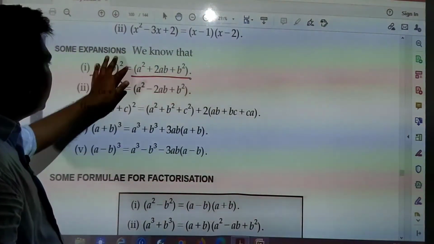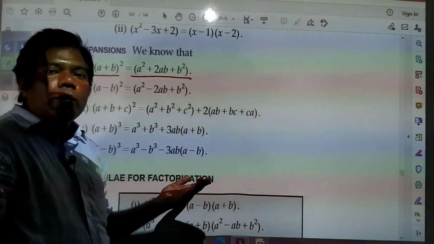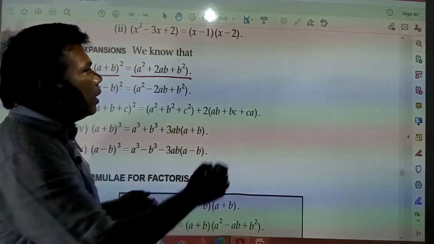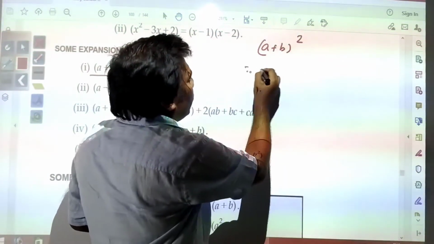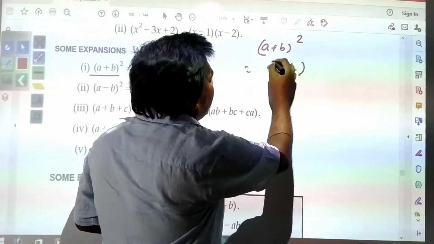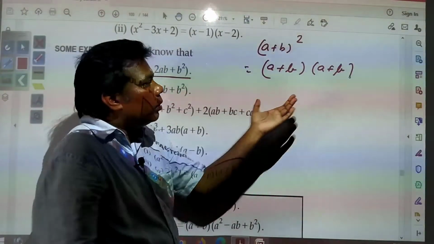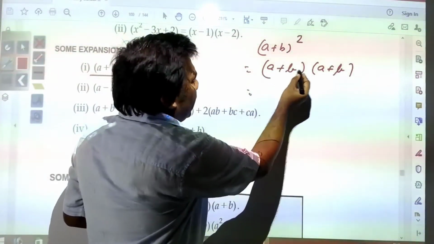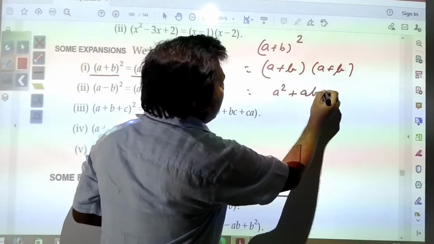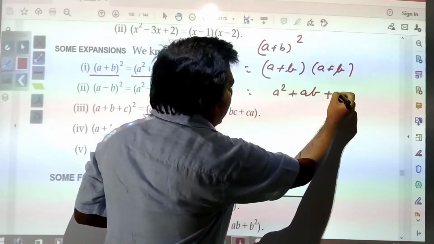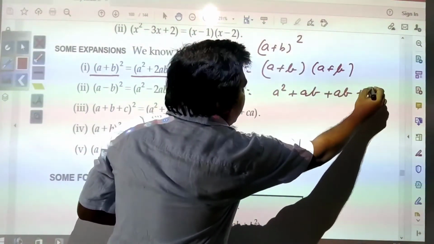How you get this formula, this also you might have learnt in class 8. (a + b)² means (a + b) into (a + b). You can derive it by yourself. Just multiply this: a into a, a²; a into b, ab; b into a, again ba or ab; b into b, that is b².